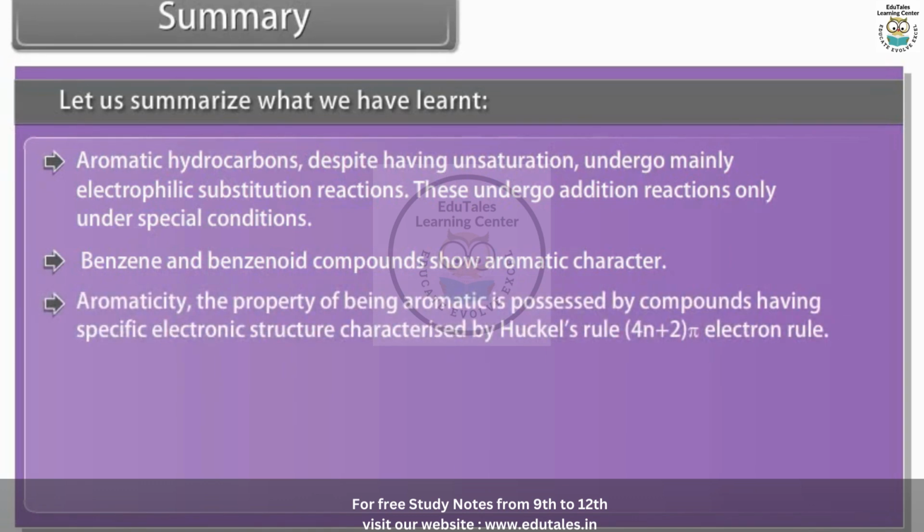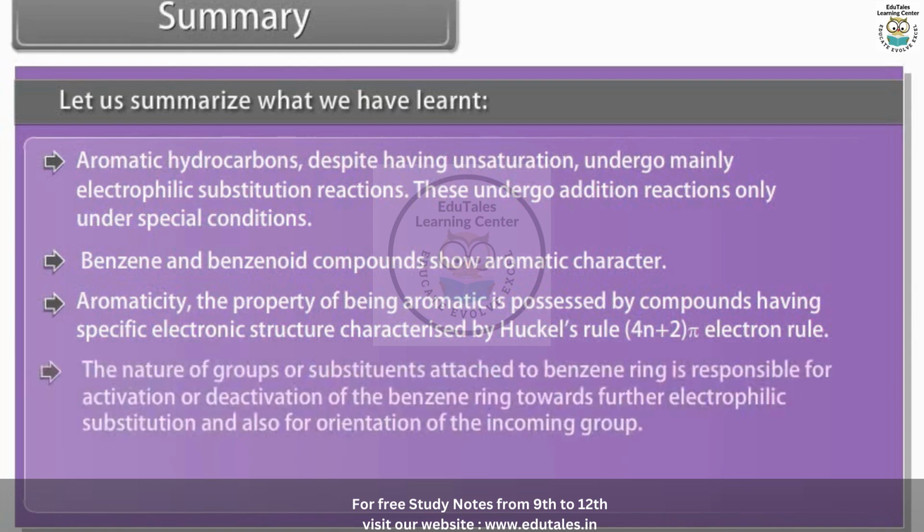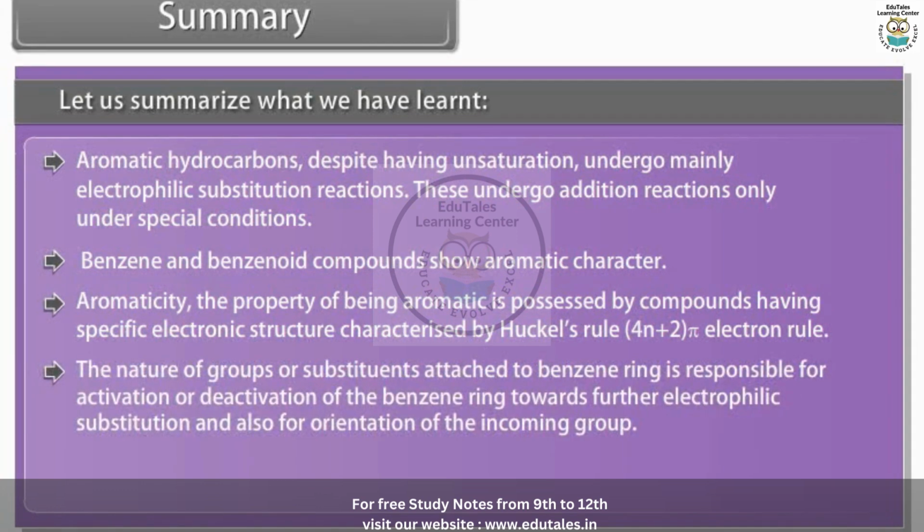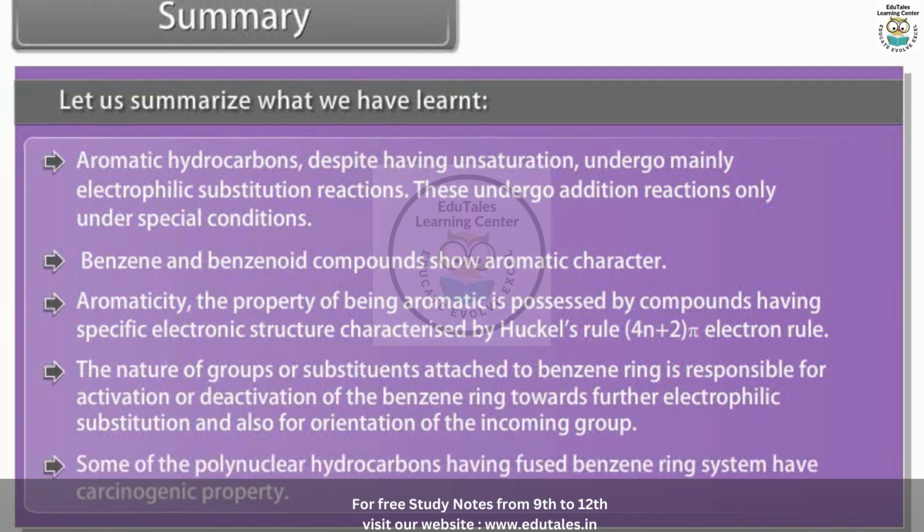Aromaticity, the property of being aromatic, is possessed by compounds having a specific electronic structure characterized by Huckel's rule, the 4n plus 2 pi electron rule. The nature of groups or substituents attached to the benzene ring is responsible for activation or deactivation of the benzene ring towards further electrophilic substitution and also for orientation of the incoming group. Some of the polynuclear hydrocarbons having fused benzene ring systems have carcinogenic property.